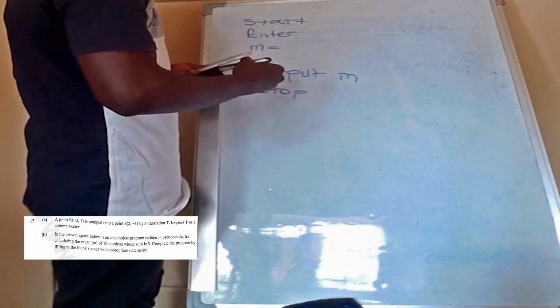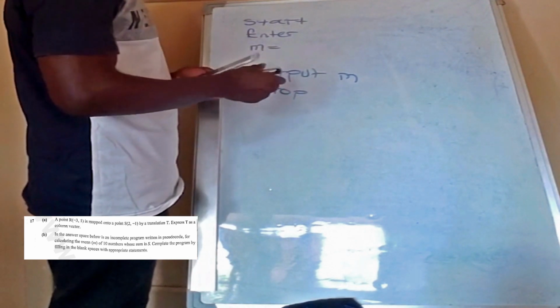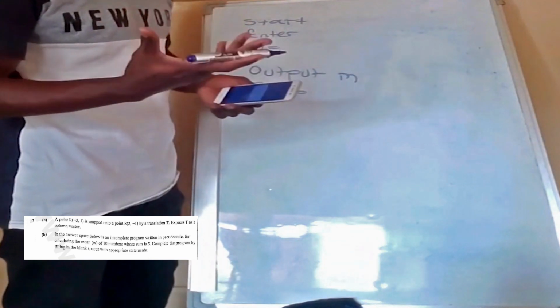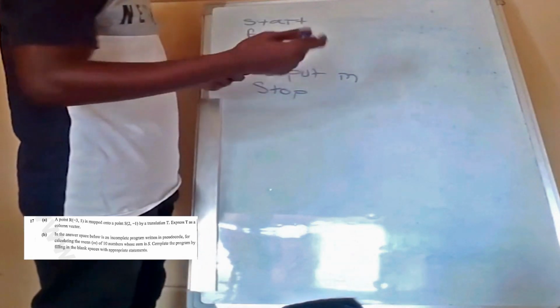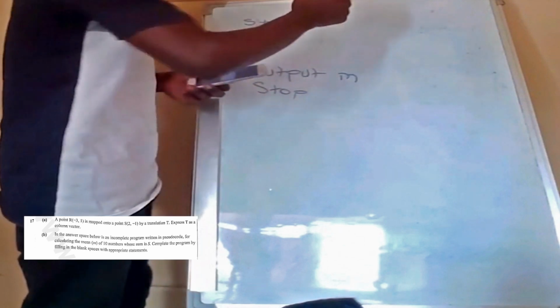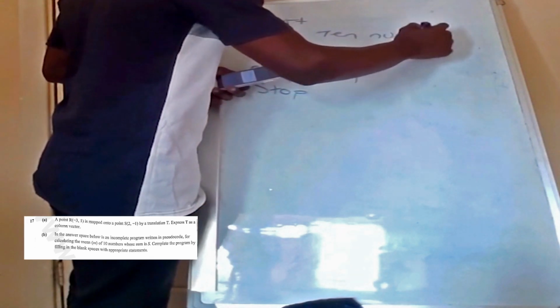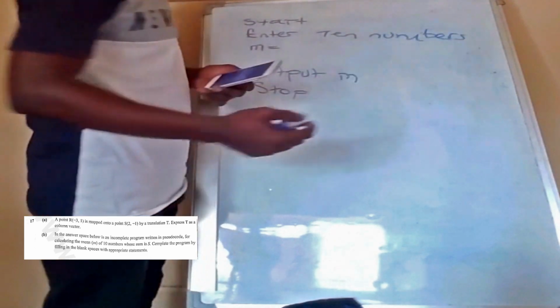You can say A, B, C, D up to the 10th letter, but I prefer just writing enter 10 numbers. This will get you a mark.